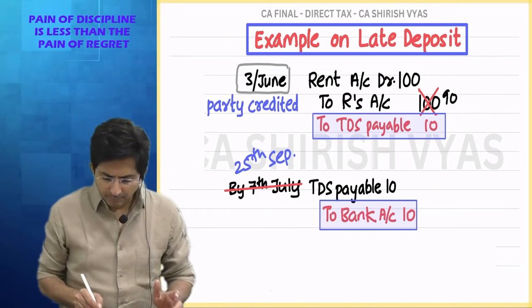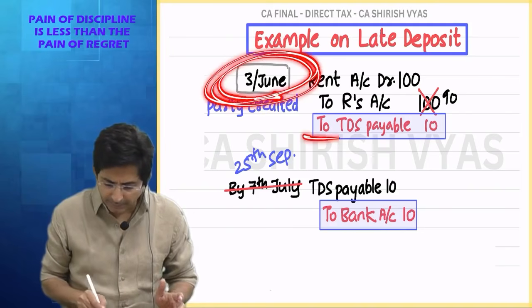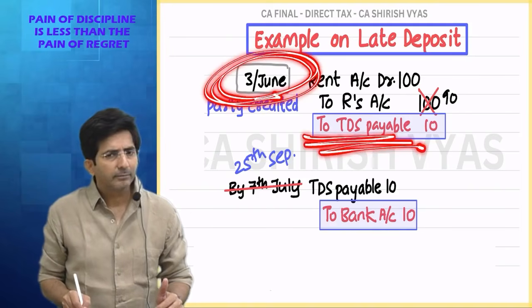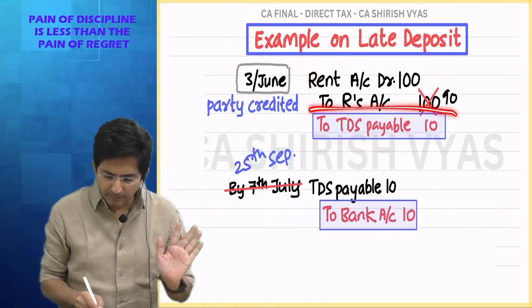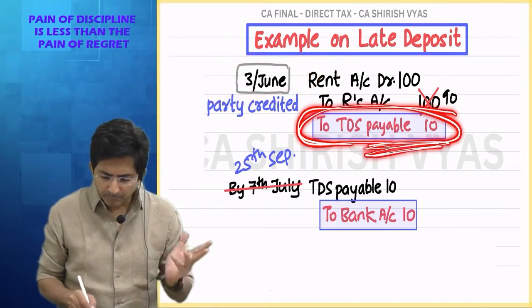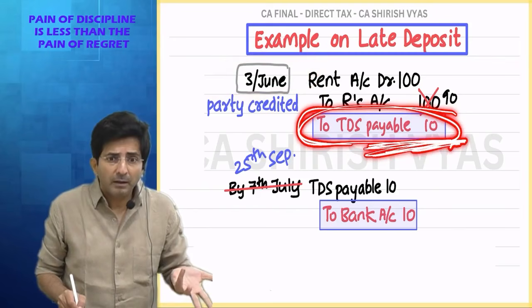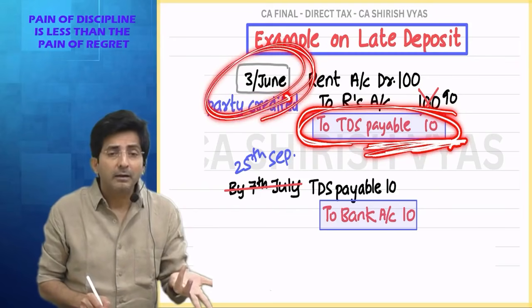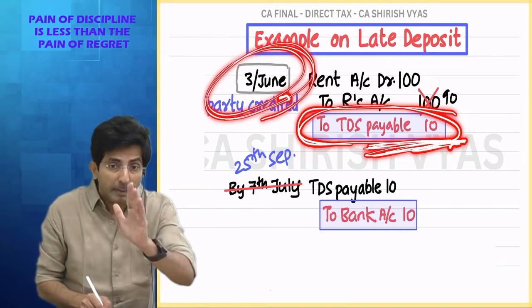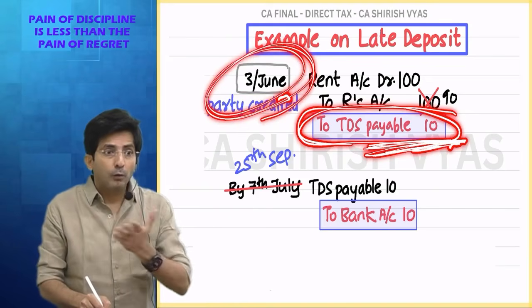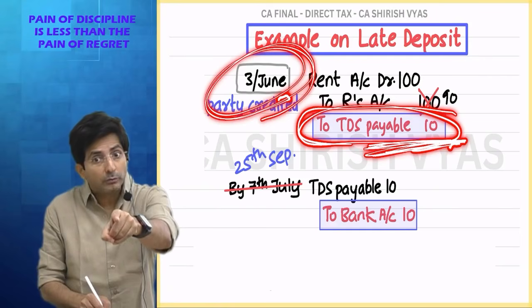Because see, my liability was created on which date? You understand the meaning of TDS payable? Payable means what? It is payable. And when is it payable? 3rd June. So imagine from the government's point of view, what was payable on 3rd June?